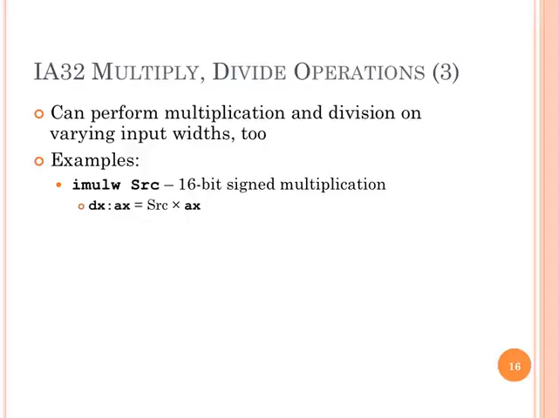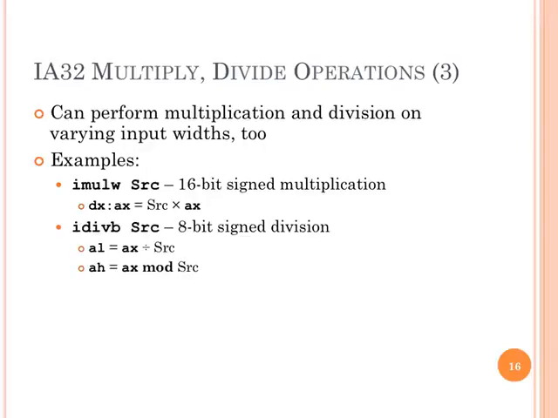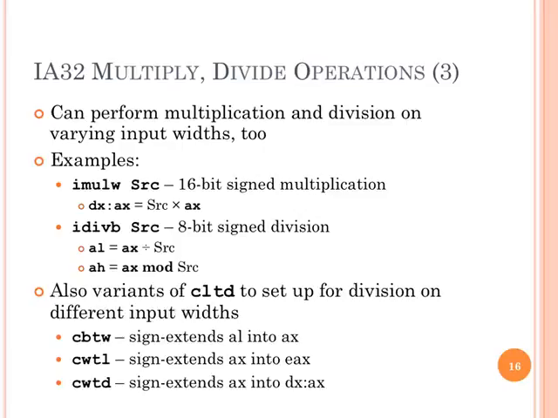That's IMULW. IDIVB, if you really want to be tiny, will take the AX value, divide it by whatever your source 8-bit argument is, and then AL gets the quotient, and AH gets the remainder. So you can do these kinds of things if you really need to. And then, of course, these are the variants of CLTD, or CDQ, I think it was on the other slide. So you have these various options for sign extending values into multiple registers. Okay? So those things are available to use.